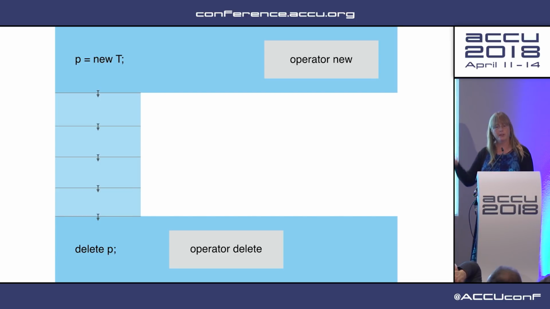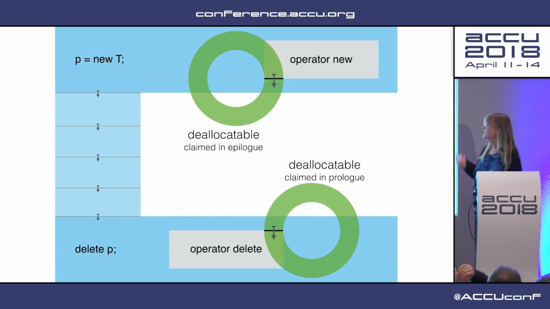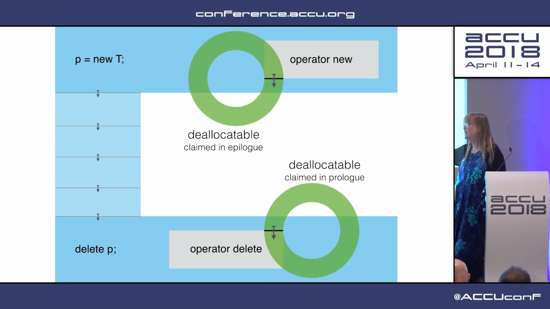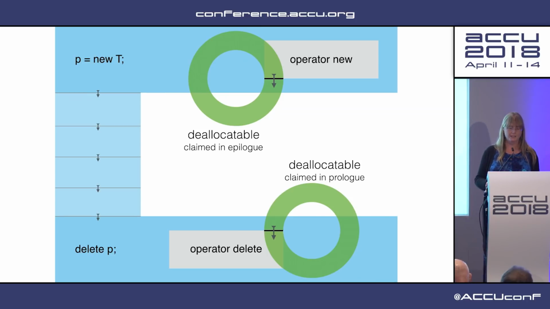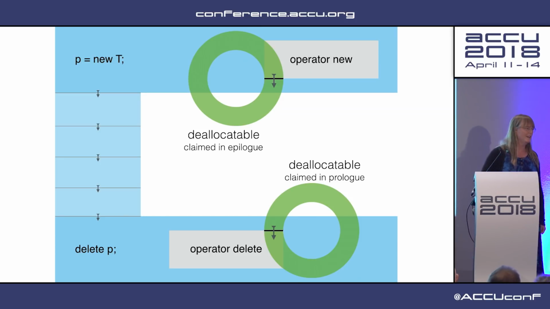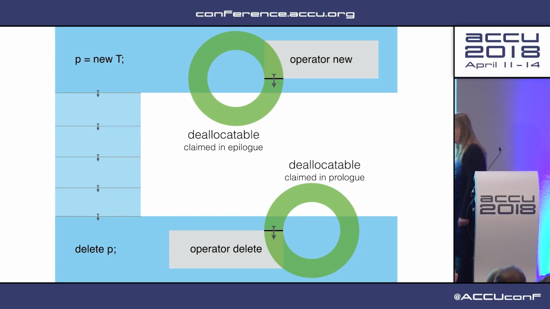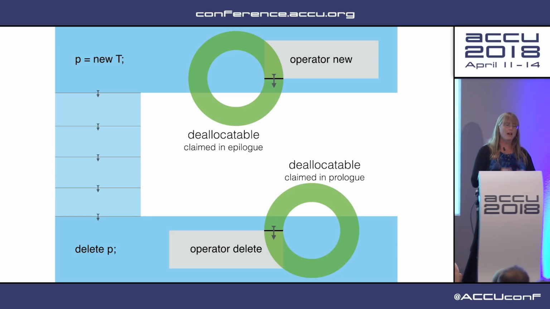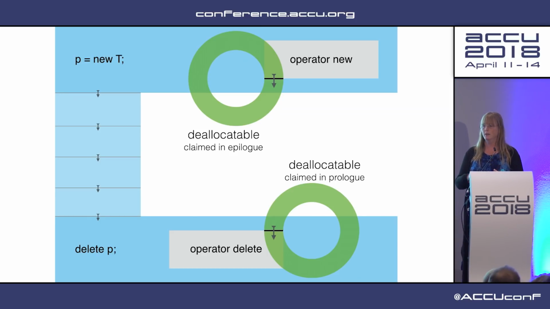And we know something about the interfaces to those two. Deallocatable is claimed in the epilogue of operator new. Deallocatable is claimed in the prologue of operator delete. And because of those claims of something that we don't know what it is, we don't know what deallocatability is. It means something to the heap. But it's atomic to us. On the outside, we don't know what deallocatability means. We just know it means something to some other part of the program.